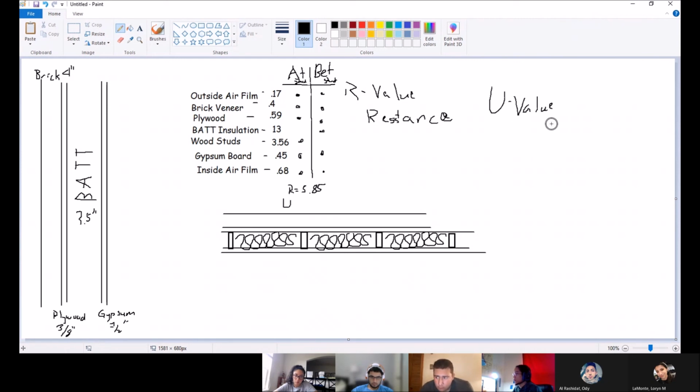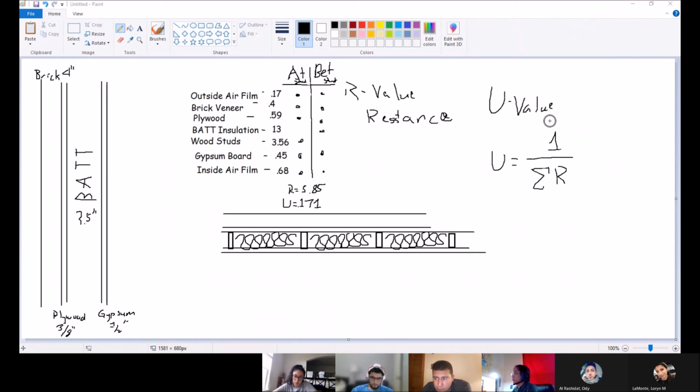So we convert that into U. U value is 1 over the summation of the R values. So we convert that into U value by dividing 1 by it. So our U is 0.171. This looks terrible, but we move on.